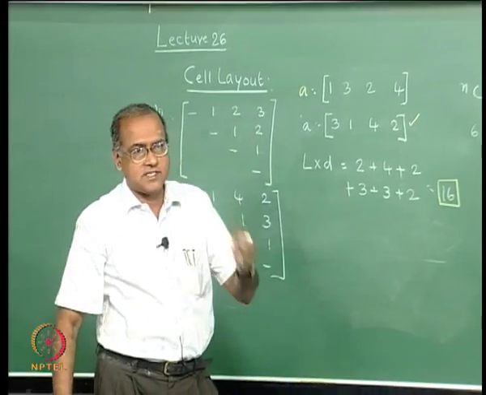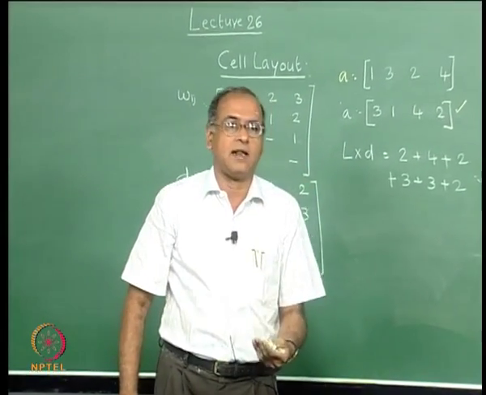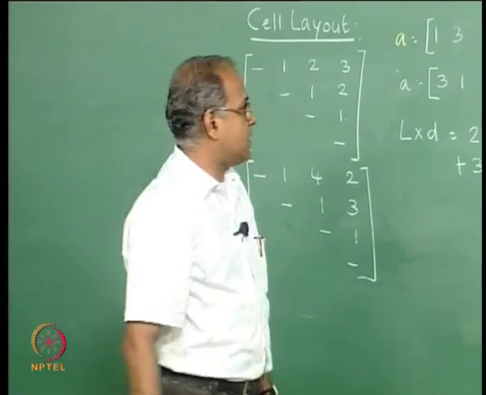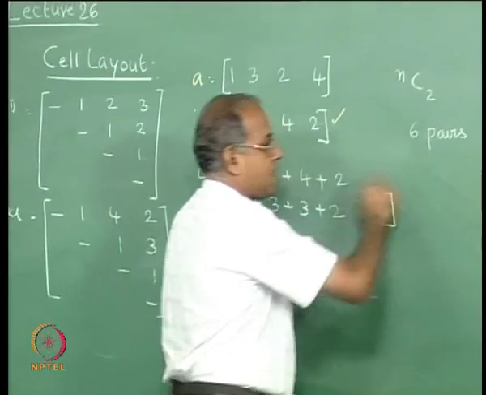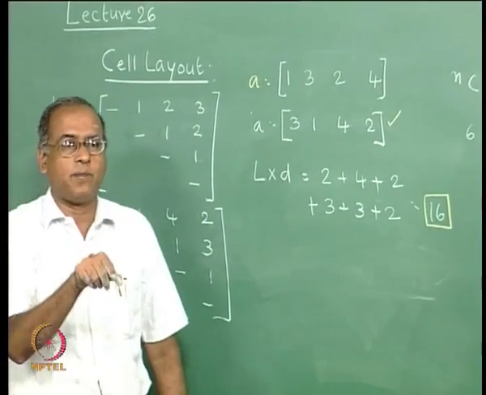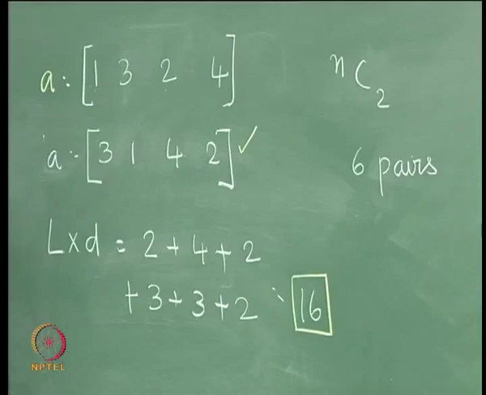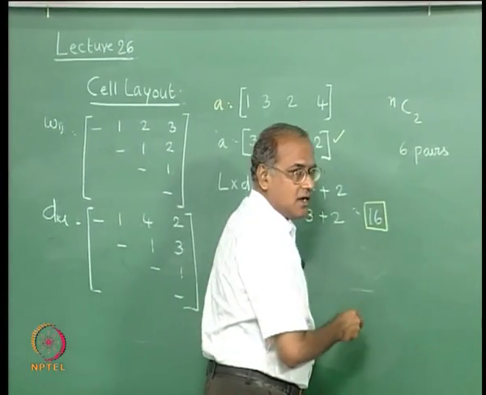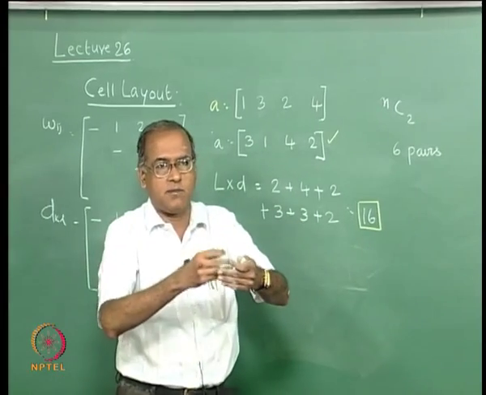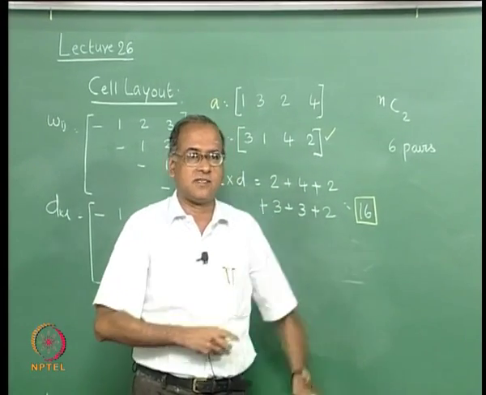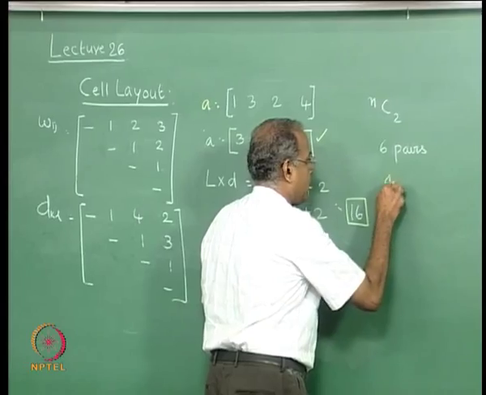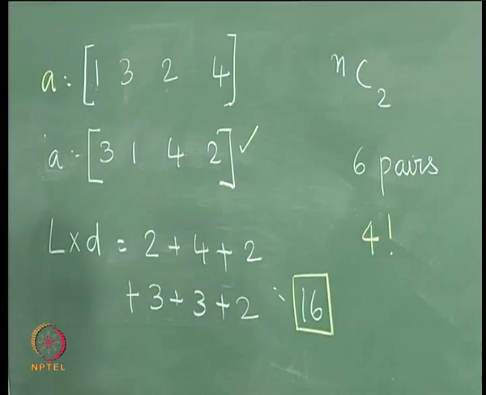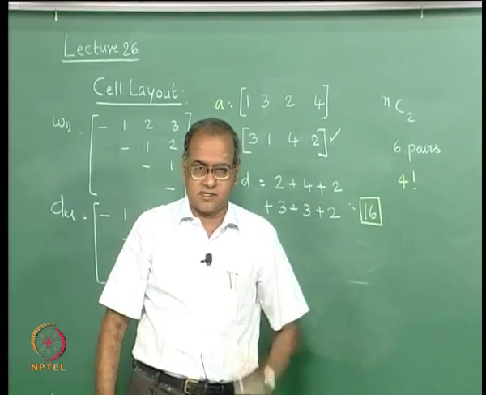So if you have 4 facilities, 4 departments, 4 cells, there are 4 sites. Therefore, there are 6 pairs, which is 4C2 pairs, which can be evaluated at any given point. The total possible solutions of allocating 4 departments to 4 sites is given by 4 factorial. 4 factorial is 24, 4C2 is 6.